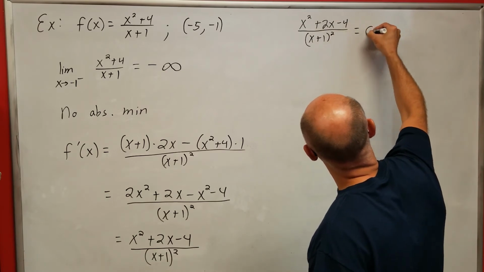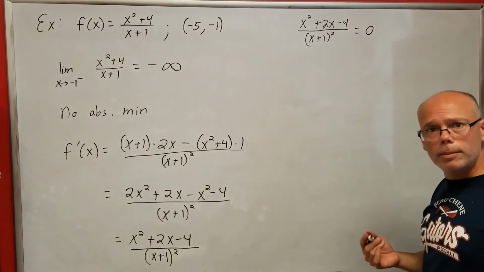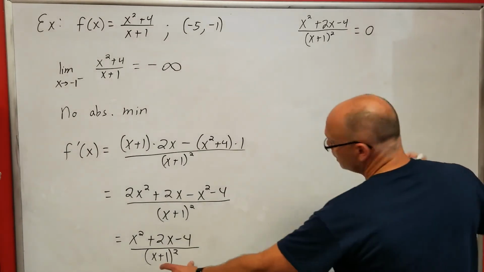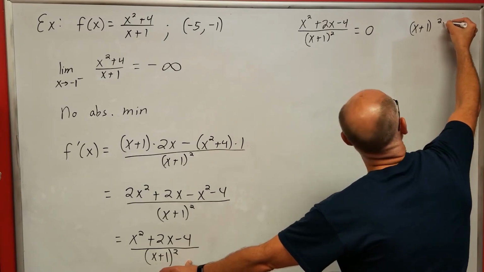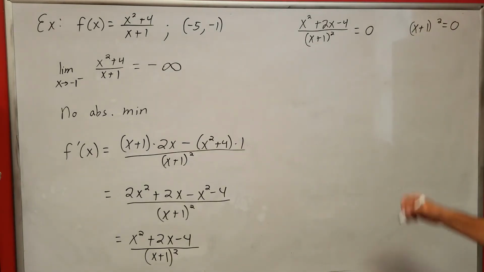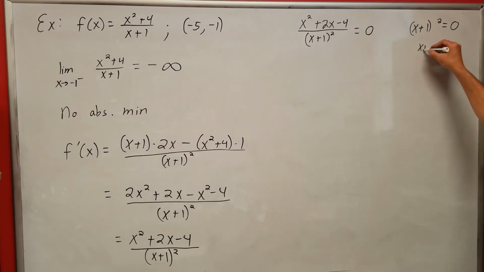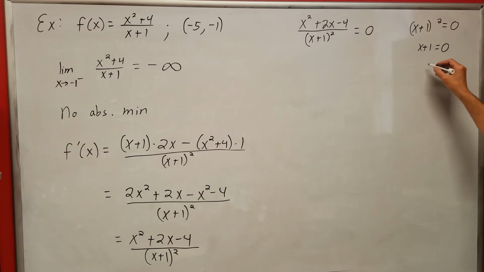Let's set my derivative equal to 0, and find where my derivative is undefined. It's going to be undefined when this bottom, or my denominator, is equal to 0, right? Let's solve this one real quick. X plus 1 is equal to 0 if I take the square root. So what do we have? X is equal to negative 1.